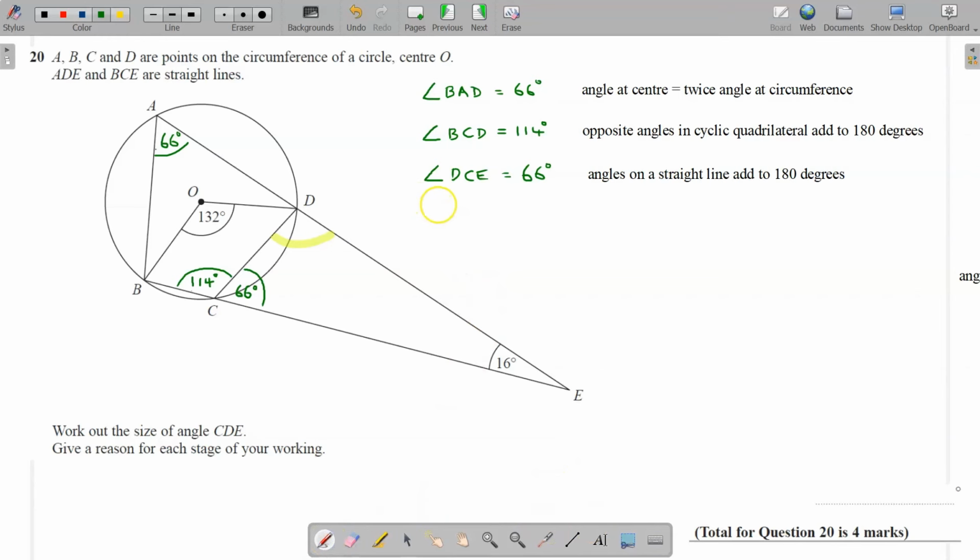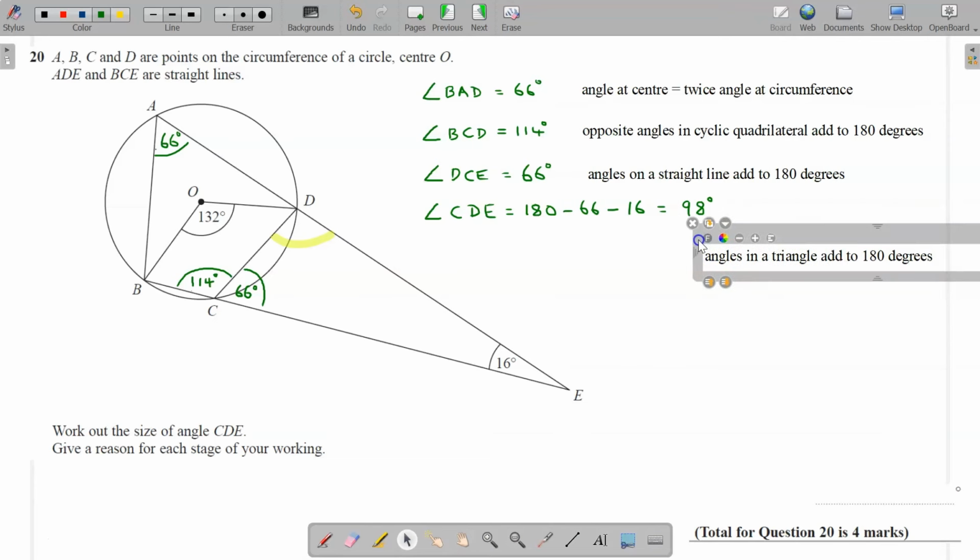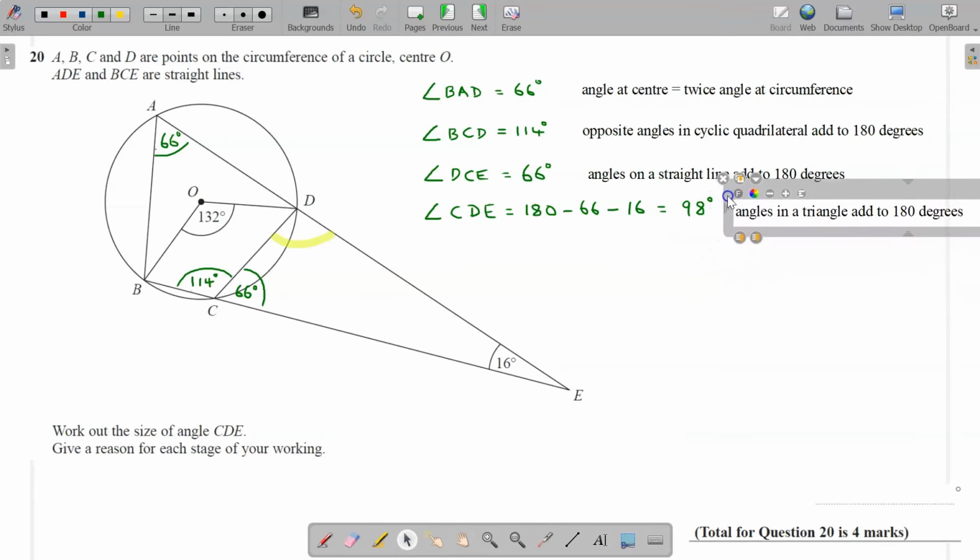So the angle we want, angle CDE, is going to be 180 minus 66 minus 16, which comes to 98 degrees, and that is because the angles in a triangle add to 180 degrees.